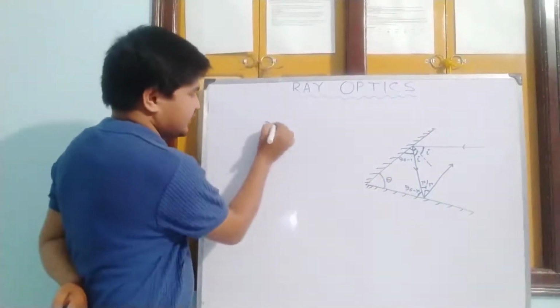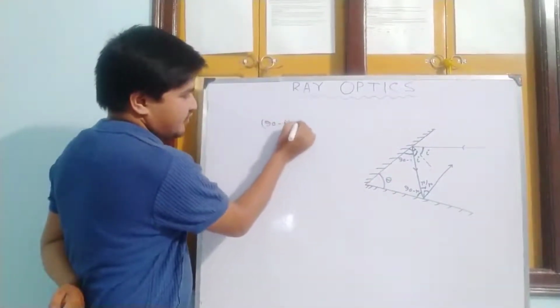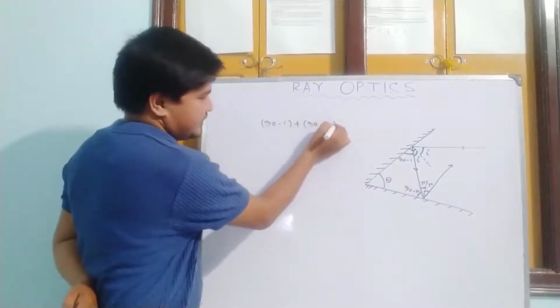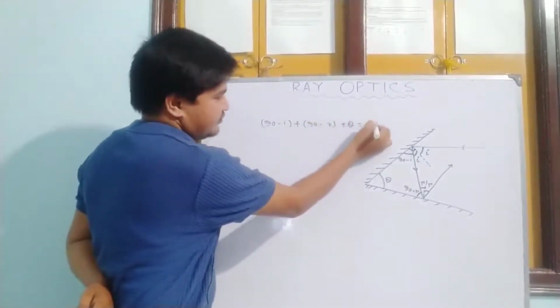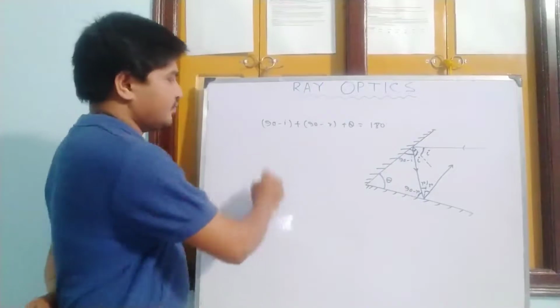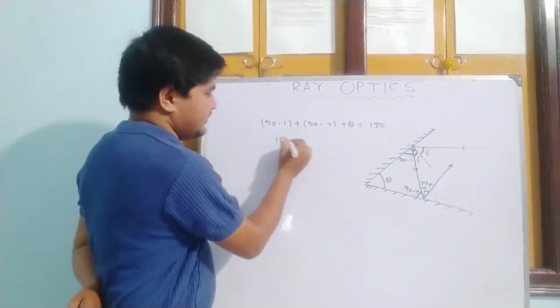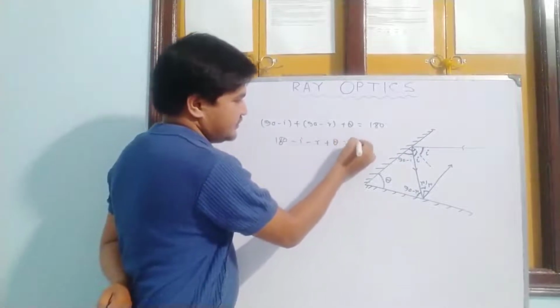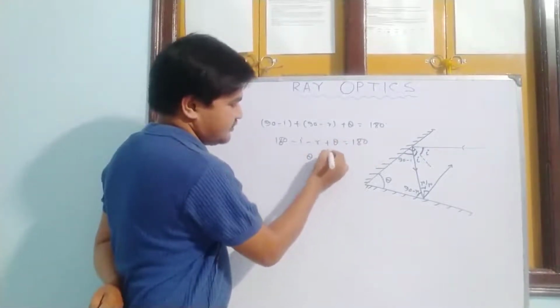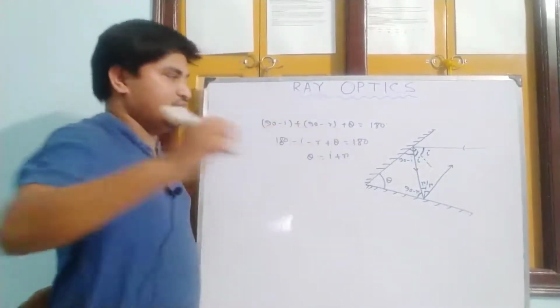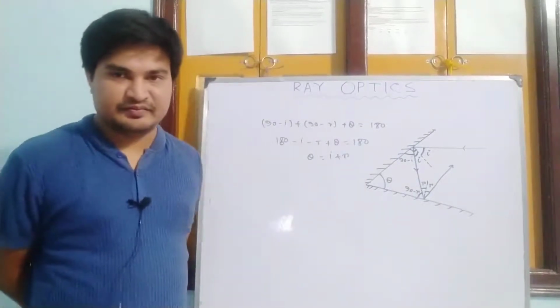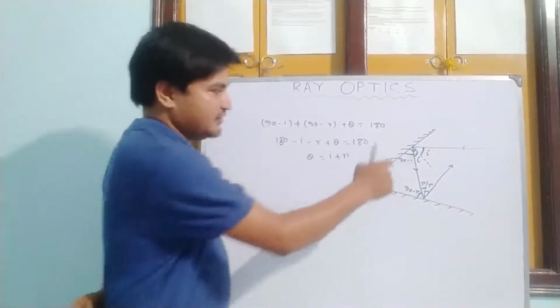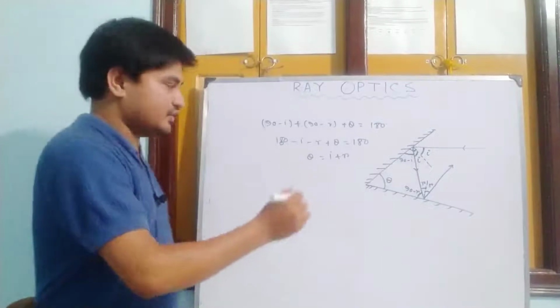So we can say 90 minus I plus 90 minus R plus theta equals 180, or 180 minus I minus R plus theta equals 180, or theta equals I plus R.